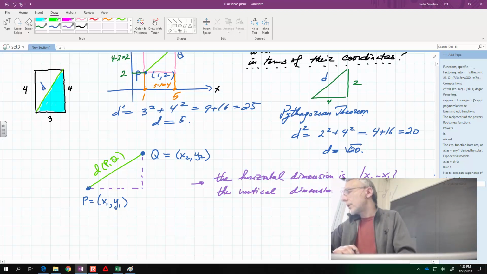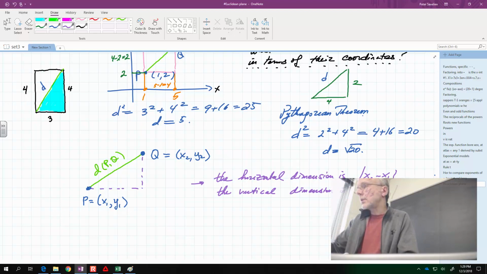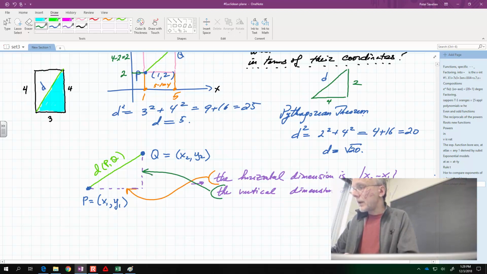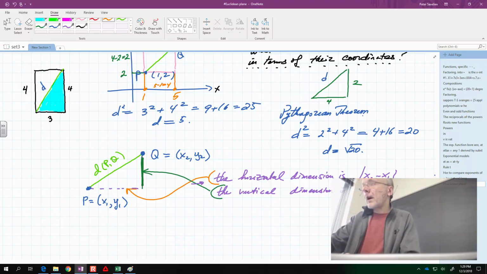Okay, so these 2 are known. The first one is this one, and the vertical is that one. The Pythagorean theorem applies.